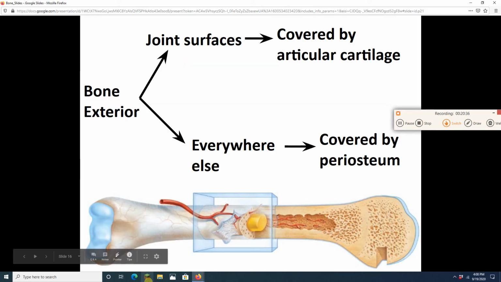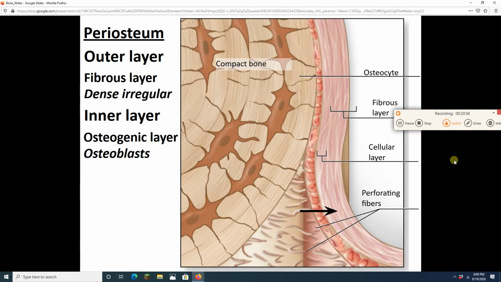Let's talk about the rest of the outside of our long bone. So we know the joint surface is covered by articular cartilage, which of course is hyaline cartilage. Everywhere else is covered by the good old periosteum. We met this membrane when we looked at the bone model in lab number 5. Now, if we zoom in on the periosteum, so here's my compact bone here, and then here's my periosteum. We're going to notice it has 2 layers. It has an outer layer called the fibrous layer.